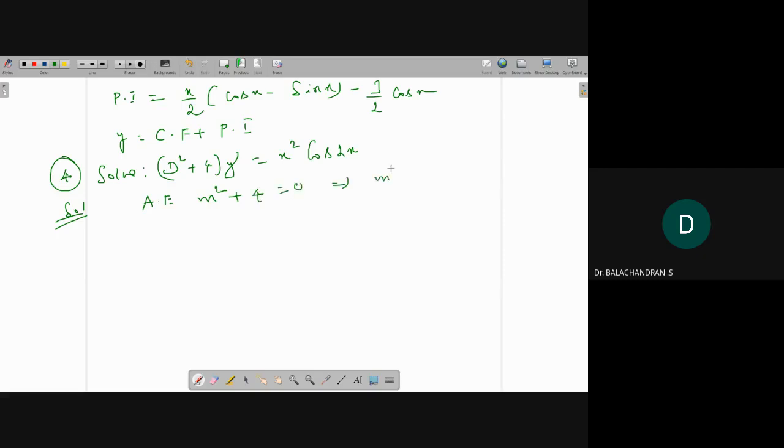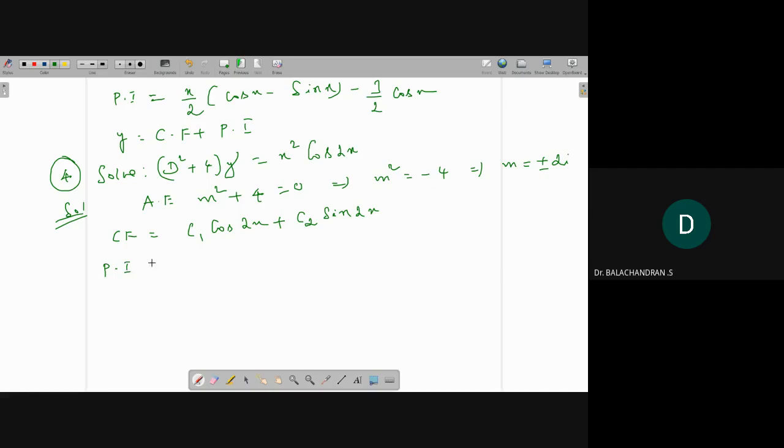This implies m square equal to minus 4, so m equal to plus or minus 2i. So its complementary function: here alpha is 0 and beta is 2. So e power 0x into c1 into cos 2x plus c2 into sin 2x. This is the complementary function.